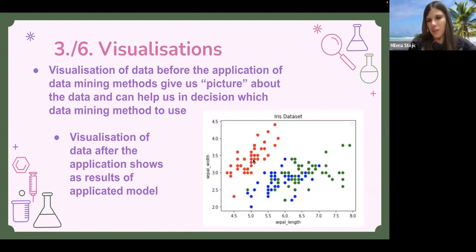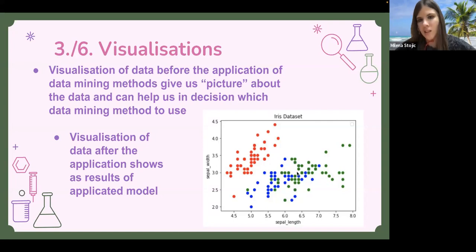There is, for instance, a visualization of some other data set named Iris. This shows the distribution of data based on two features from the Iris dataset, and you can see that one class of Iris is different from the other two classes.